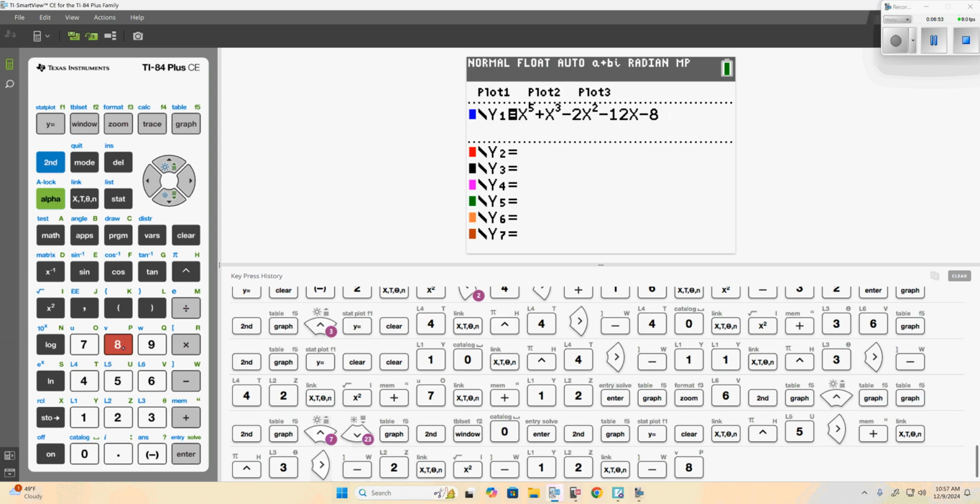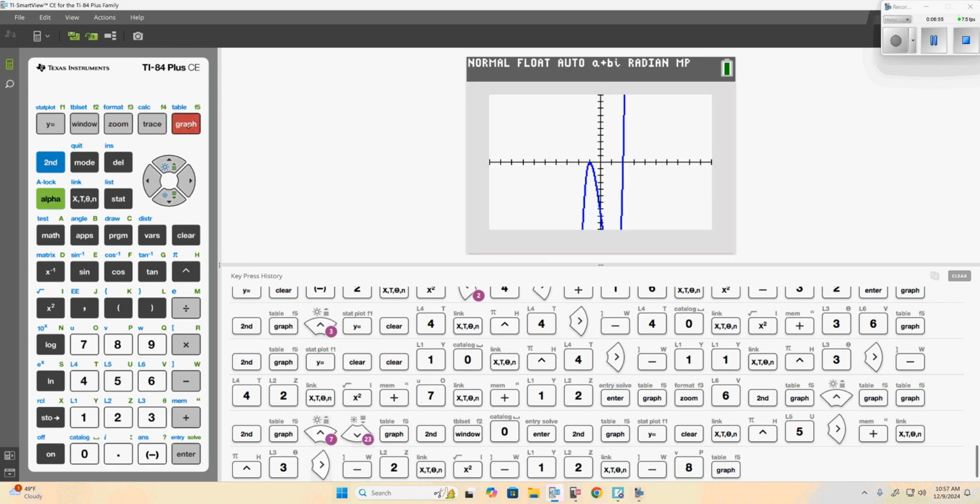And again, we're looking for 5 places that it crosses, because if we can find 5 solutions to this, example 2, find all zeros. Yep, so we're typing everything in there.